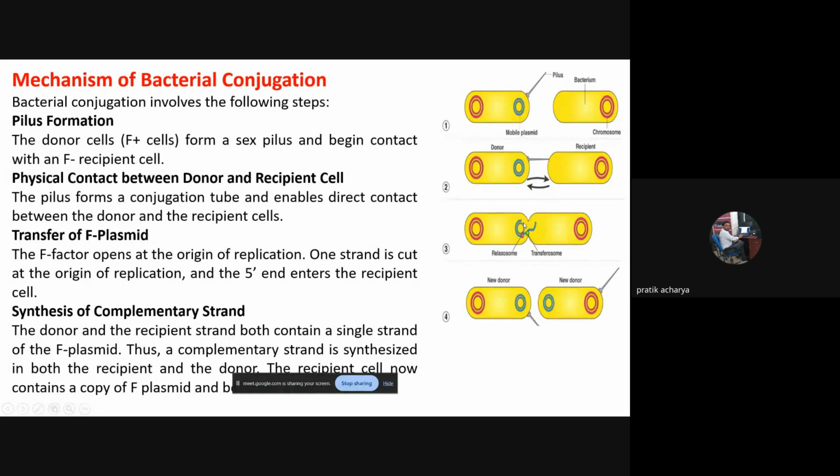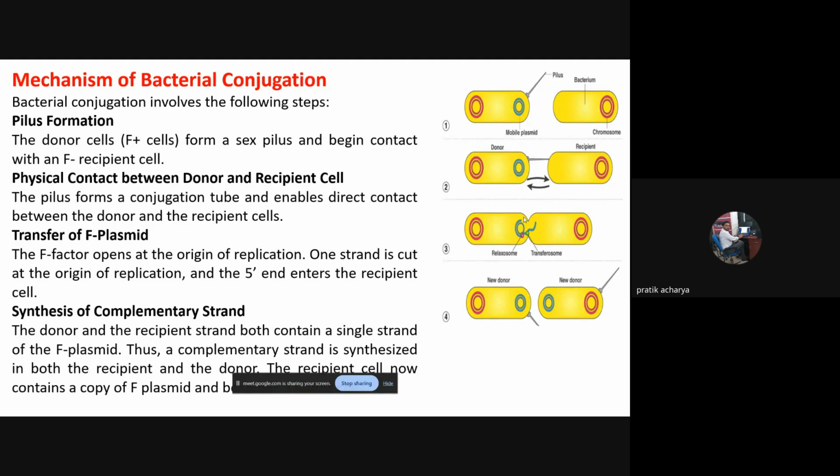Just look at this picture. Clear? So this single strand of DNA is transferred to the next cell, which does not have that kind of genetic material.